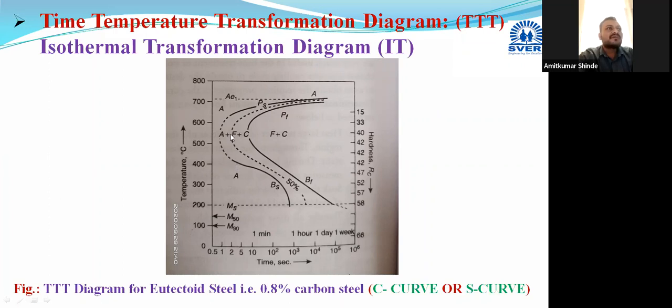And now, as I have explained in the experiment itself, we are heating in one furnace in the austenitic region, then we are collecting that sample in the second furnace, and we are keeping them in that furnace in the A1 to MS temperature zone, in between that range at one constant temperature. And one by one, we are collecting the samples. Hence, this transformation is isothermal transformation.